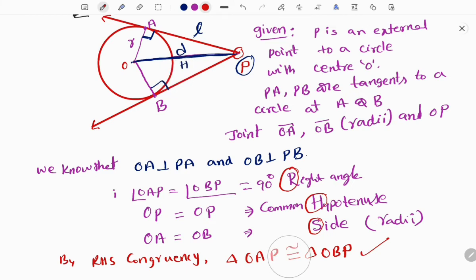What is the meaning of congruent? Congruent means corresponding sides are equal and corresponding angles are equal. Now here PA and PB are the corresponding sides. We know that corresponding sides are equal.